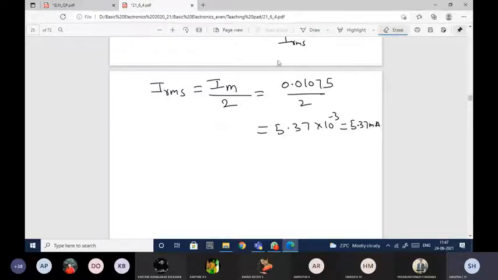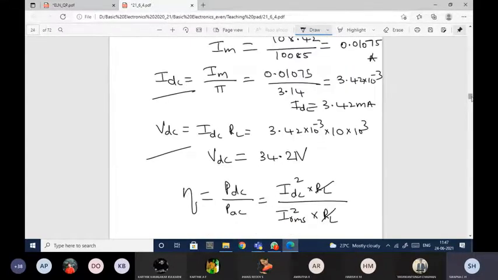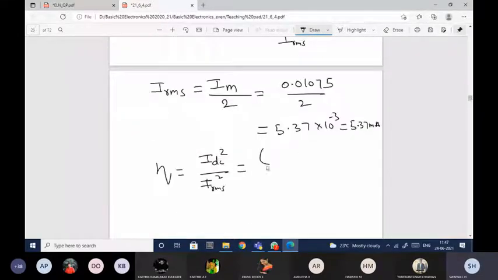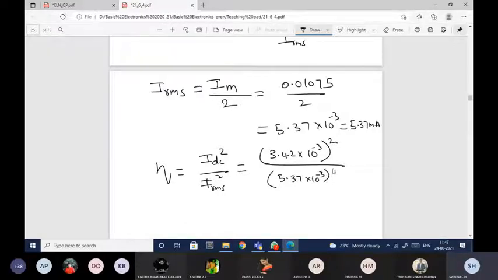Let me take the efficiency. I got the equation as IDC square by IRMS square. What was my IDC value? I've got 3.42 milli, meaning 10 power minus 3, whole square, divided by IRMS, which is 5.37 into 10 power minus 3, whole square. Anyway, this and this will get cancelled.